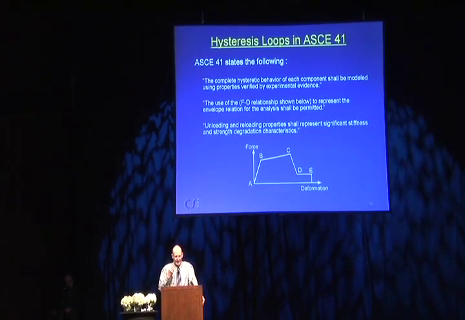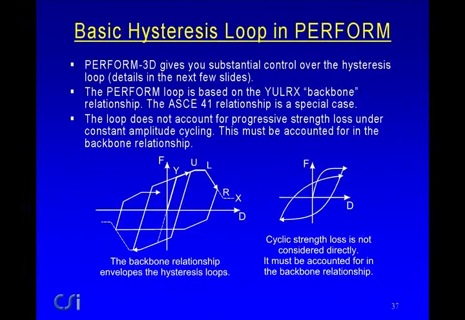ASCE 41 is saying that you can use this curve as the bounding curve or the backbone curve, which I'll explain again in just a moment, but there's certain other things that you should do if you're going to do a dynamic analysis. And it doesn't give any guidance on this. You have to use your judgment and or available experimental results. The way it works in Perform is you have a basic hysteresis loop.